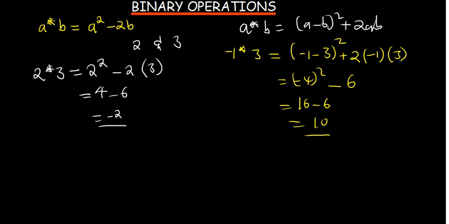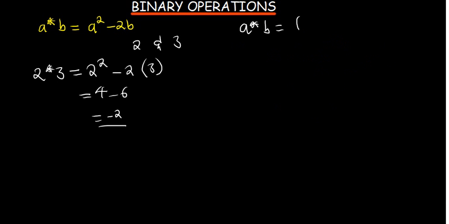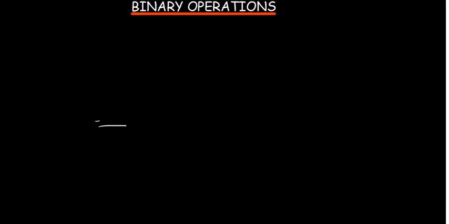Now, an operation can only be a binary operation if the result of that operation is part of that set that you're talking about. What we mean is this. Take for example, we've got a set A that has got elements 1 and 2, and then you have got, let's say, the set B that has got the elements 0, 1 and 2.